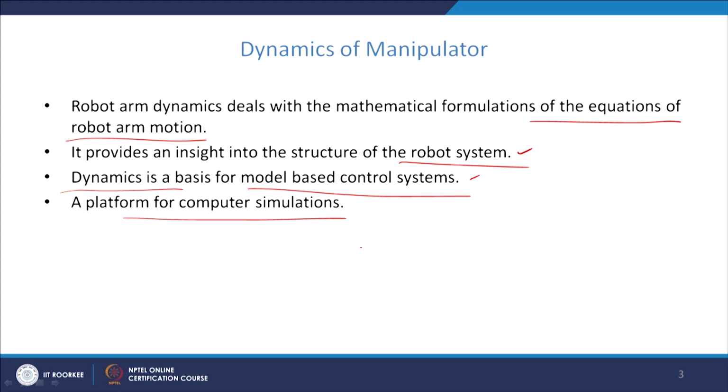So, this will save a lot of cost of performing an experiment and first reviewing the controller design. So, the simulation will be very useful in improving the controller design for a desired motion of the robot manipulator.